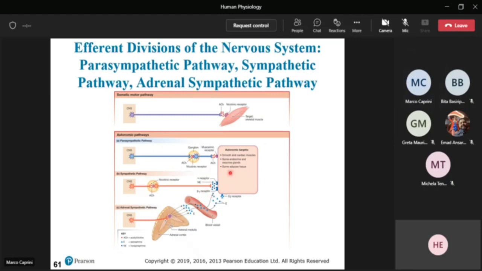So I want just to use the next 2 or 3 slides that are important because they show you, from a cellular point of view, the differences between the autonomic efferent neuromuscular junction and the somatic neuromuscular junction.